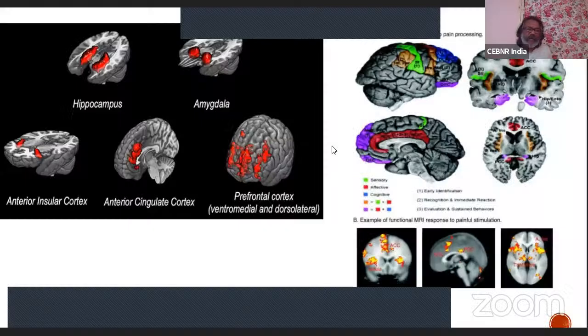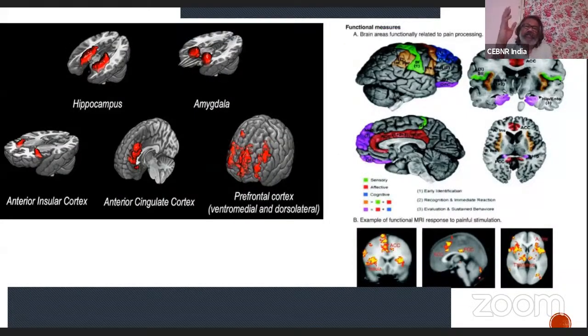It's for our survival. If you don't have pain, you will die very, very fast. As you can imagine, evolution taught us that the function of evolution is survival. If you have to survive, you need to understand whether you are in danger. Remember, we are all moving in an environment.